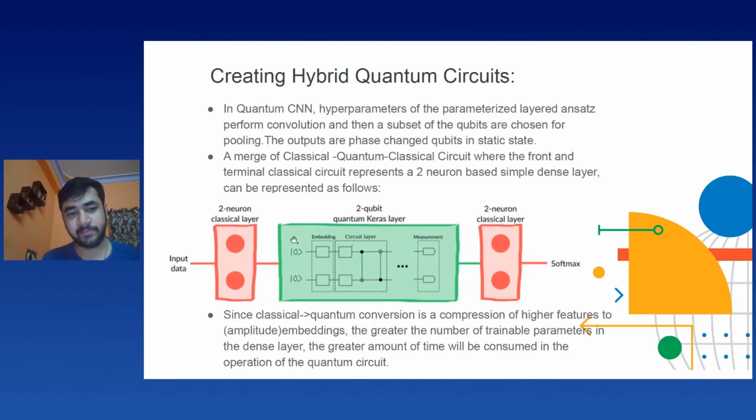And this is wrapped around the Keras layer. Okay, and we are going to output the values of this Keras layer into a 2-neuron classical layer, and we can use sigmoid or softmax to give a binary classification. So this is, I would say, the most basic concept of what a hybrid quantum circuit is.